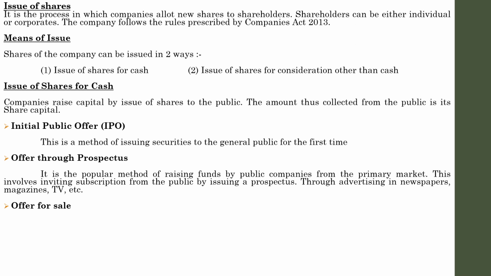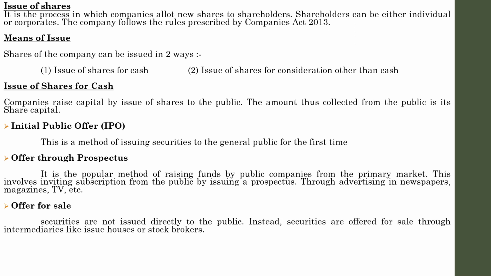The company at first sells the securities at an agreed price to the intermediaries. Intermediaries means issue houses or stock brokers. These intermediaries will resell the shares of the company to the investing public. So remember the flow: the company first of all sells their securities to the intermediaries.